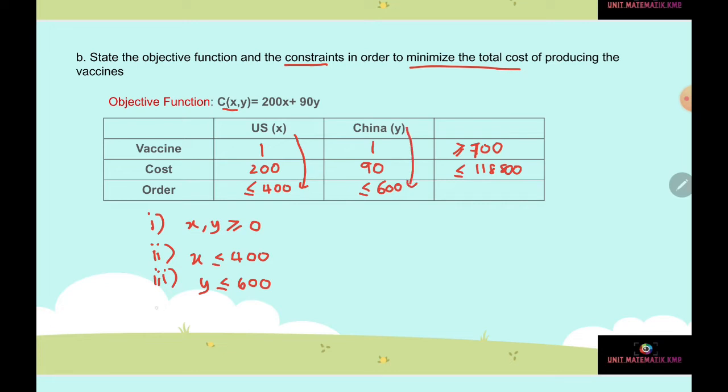Number four is the vaccine inequality. We read from the table, so we have x plus y must be at least 700, and the last inequality is 200x plus 90y must be less than or equal to 118800.